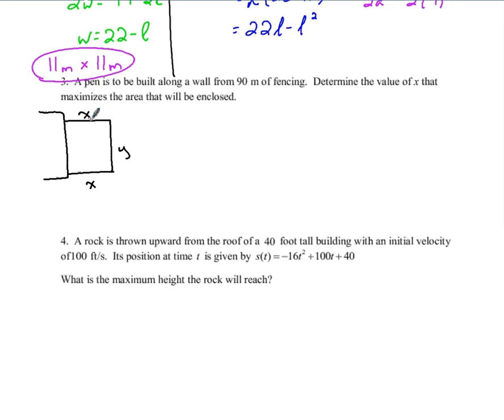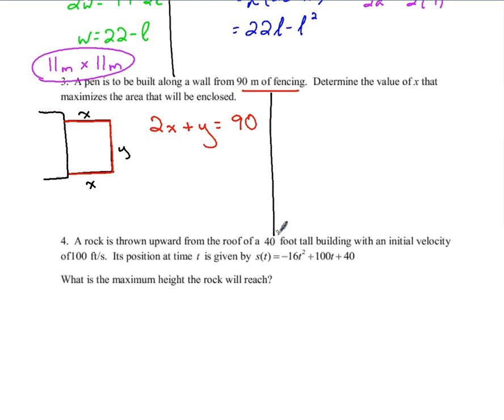Meaning if I want to establish an equation here where I could maybe compare these variables somehow to an actual value, the value I could compare to would be the 90 meters up here, right? So we're only using these pieces. I'd take 2x, since there's two of those, plus 1y, set that equal to 90. So there's an equation I can use.